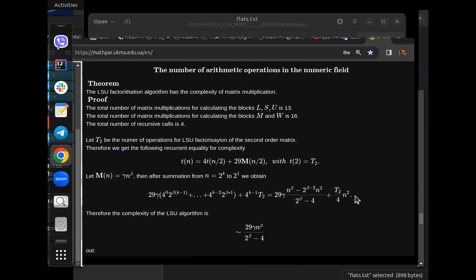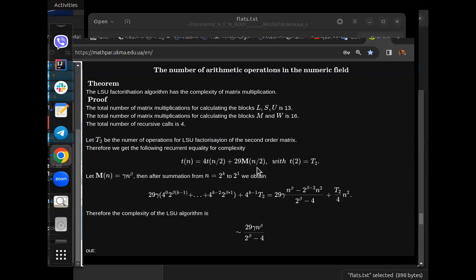What is the complexity? The complexity is that of matrix multiplication, because it is clearly a recursive algorithm, to compute how many operations you need for a matrix of size n by n. Yes, we need to do 4 times the decomposition of the matrix of size n divided by 2, and each time we need 29 matrix multiplications.